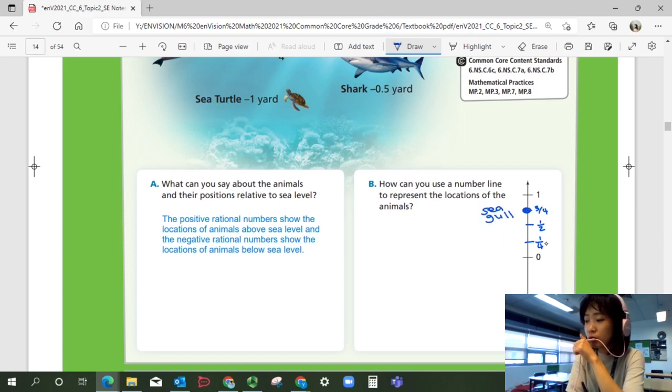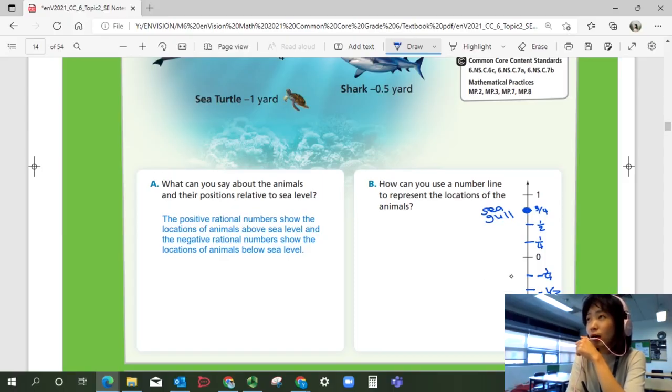Seagull, right? And then what about -1/4? You do the same thing. Divide it by half. Divided by half again, you get -1/4 here, -1/2, -3/4 here. Okay?